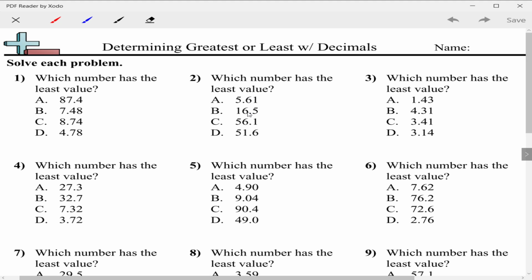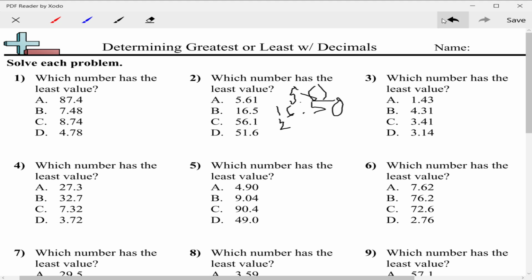Line up each of these by the decimal, and then, okay, so 5 and 61 hundredths. I apologize for my handwriting here. 16.5, or 16 and 5 tenths, but I would add a 0, so that they all have the same.